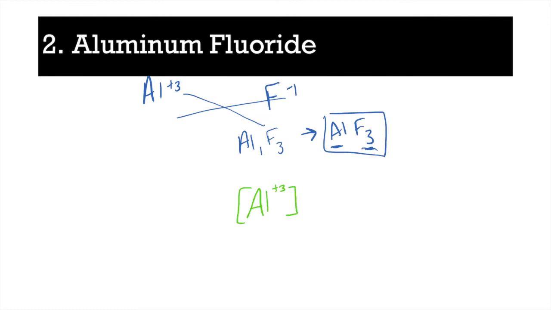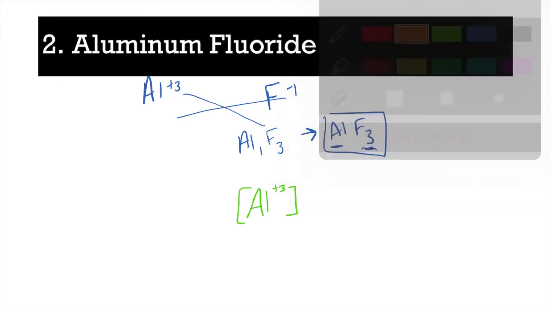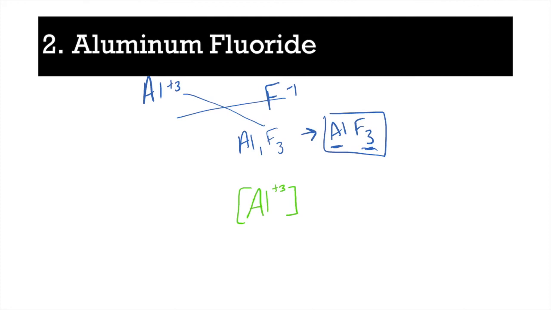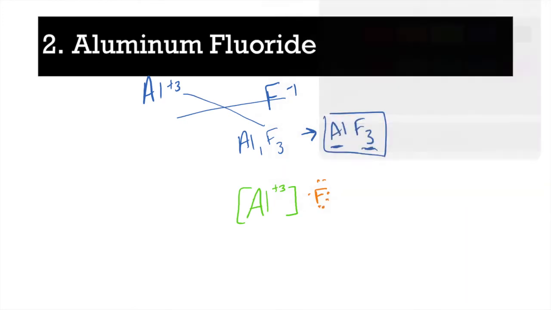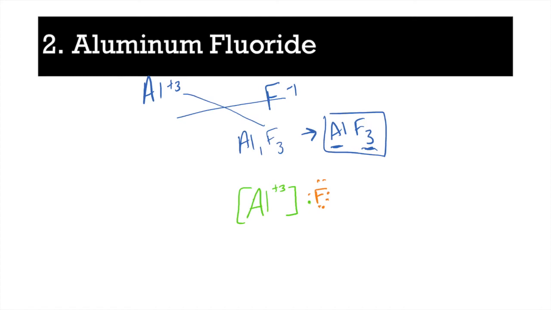And again, I like using those brackets on the positive ions. So now let's draw our fluorines. So let's draw a fluorine here. 1, 2, 3, 4, 5, 6, 7. Again, this 8th one came from the aluminum. So this is your -1 charge.